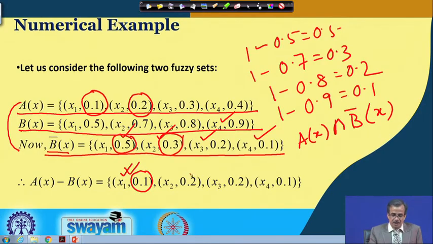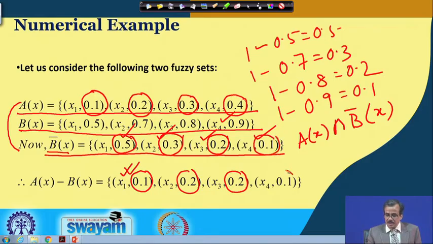So, minimum of that is 0.2. Then corresponding to x3, I have got 0.3 here and 0.2 here, and the minimum is 0.2. Then corresponding to x4, I will have to compare 0.4 and 0.1, and the minimum is 0.1.